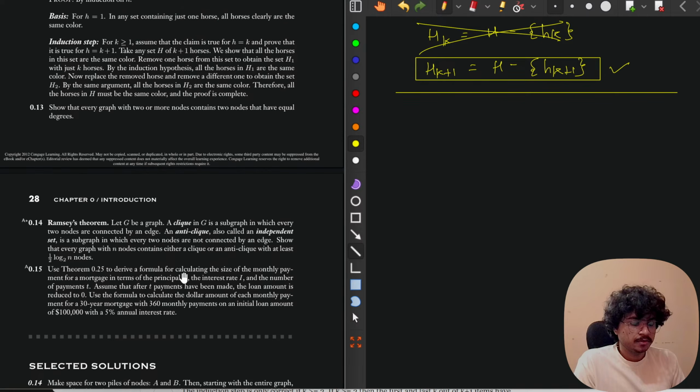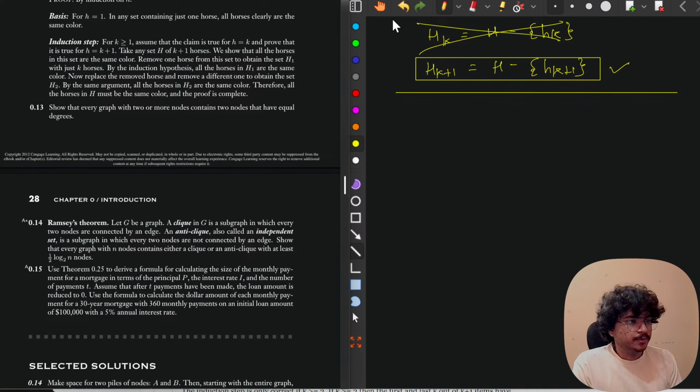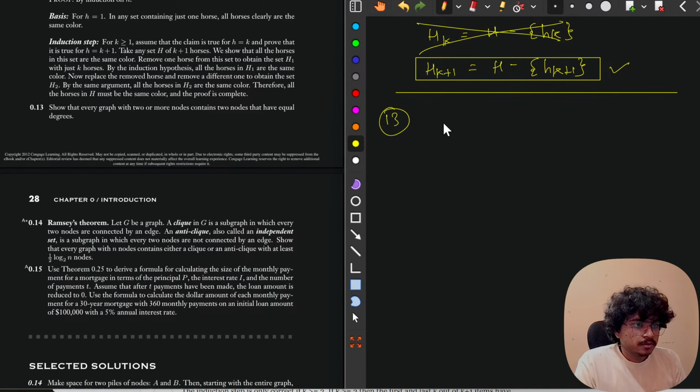Okay, I have three more questions to go. Every graph with two or more nodes contains two nodes that have equal degrees.